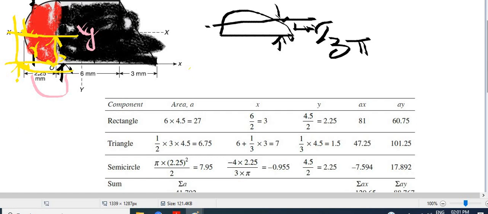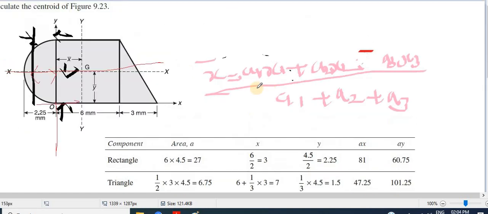I'll put it again. So now see here, A1 X1 plus A2 X2 minus. Why I put minus? Because here x1 is positive, x2 is positive, but x3 is negative axis. Y axis left it is. So it is minus. Okay. So this all come positive, this all negative. It all depends upon the axis where it is falling, reference axis.